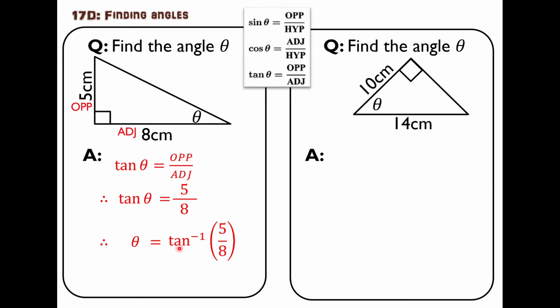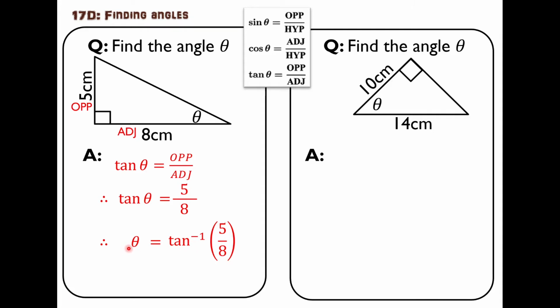In other words, tan with a little -1 of this, whatever that side was. So that side was 5/8. That goes inside the brackets here. Because the tan is gone, the only thing that's left is theta here. We'll see that again in this one for a different trig function, just to get a bit more practice on how the tan turns into inverse tan on the other side.